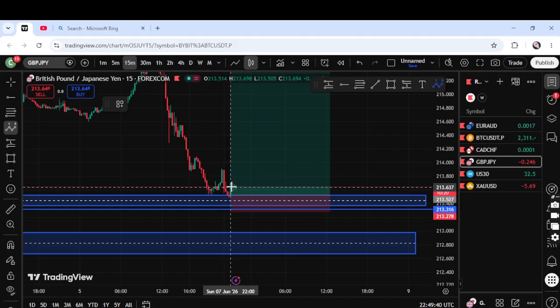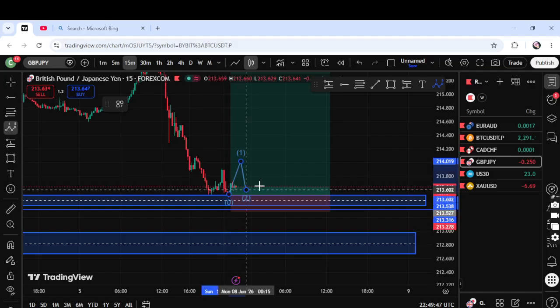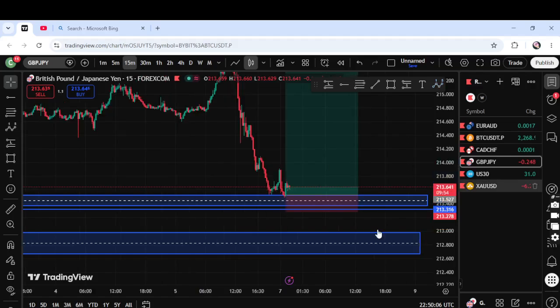So you should just wait for a break of structure here, then any replacement here or fair value gap, and move it to take profit. So that's the only reason I will enter that trade. But let's watch out. But if you break here, we'll position here with confirmation also.